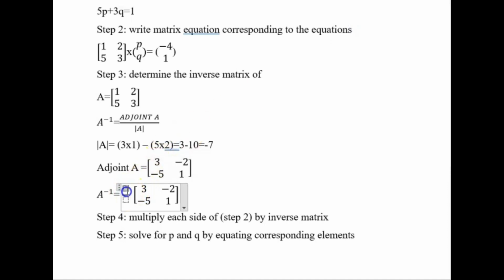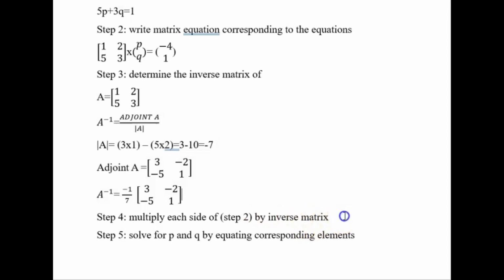So it will be negative 1 over 7 times that one. So this is the inverse. So you get the inverse of A as adjoint A over determinant of A. So that is the inverse.